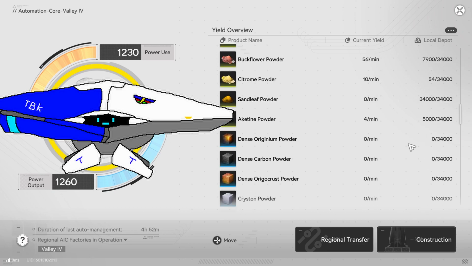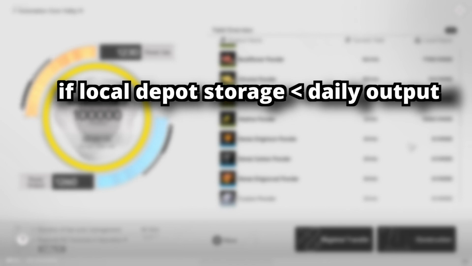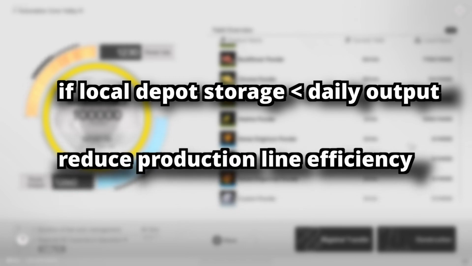What I'm trying to tell you is that the daily efficiency is calculated not only from your sleep cycle or how long you take to open Endfield again, but also has to do with our max local depot storage. If our local depot storage is too low for our daily output rates, then what you need to do is reduce the amount of factories outputting it.